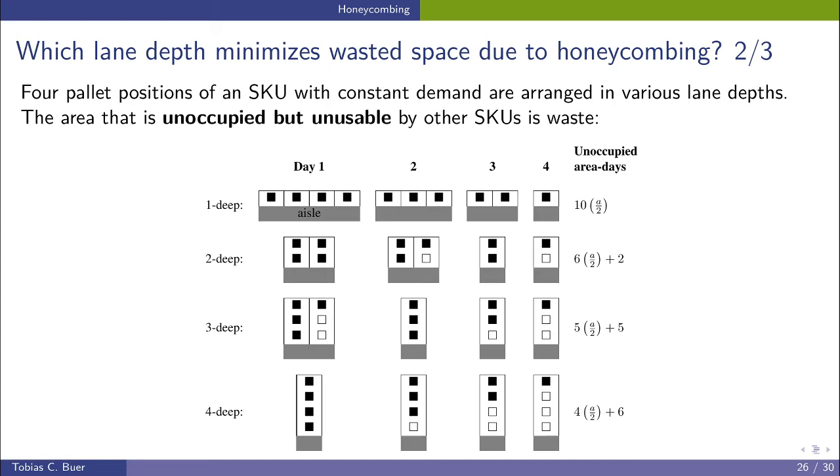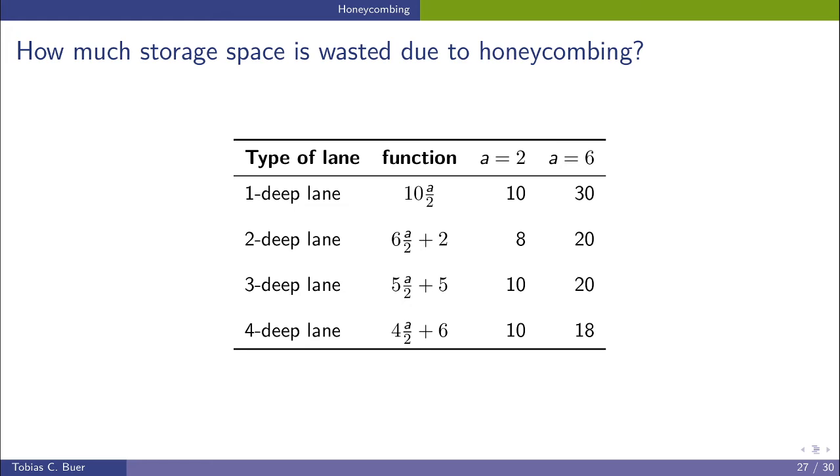Now our next job is to draw these formulas in a graph. Recall that A was the width of our aisle, and the width is expressed in pallet positions. And of course we can have wider or smaller aisles.